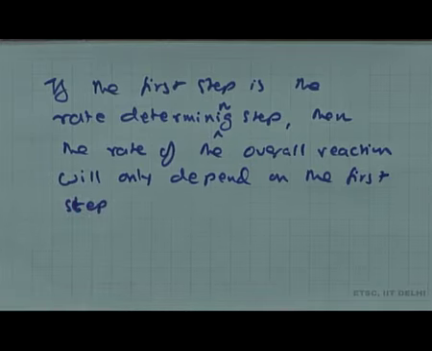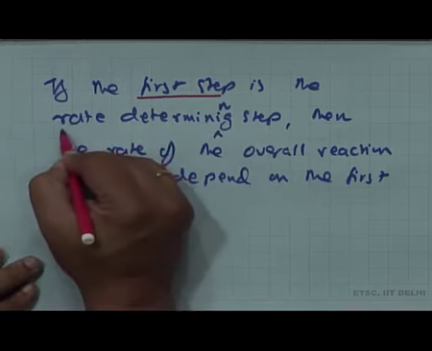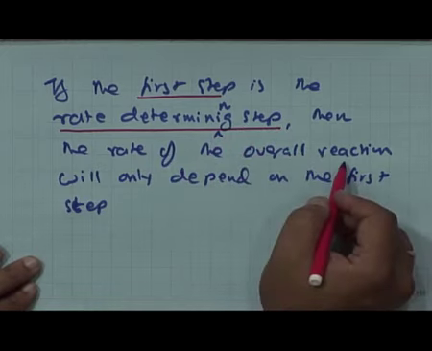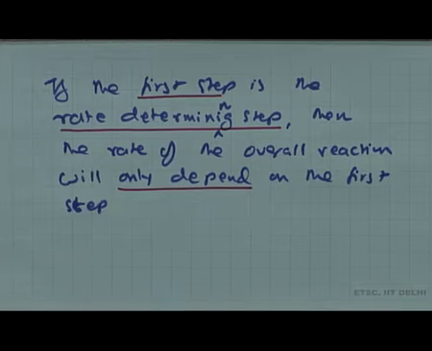So that is important. If the first step is the rate determining step, okay, then the rate of reaction will only depend on the first step. The other 2 steps in this case, no matter how fast they are, will not matter at all.